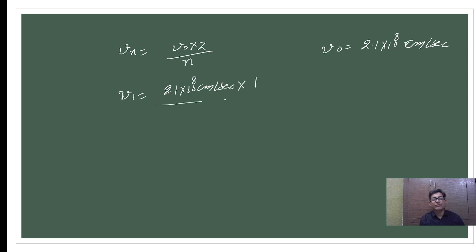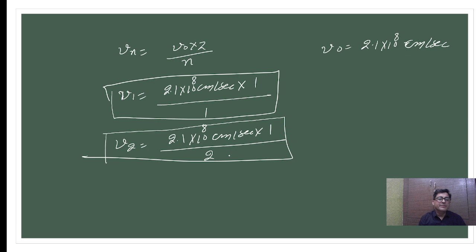Z is equal to 1 and the number of the shell is also equal to 1. For the electron in the second shell, the velocity is 2.1 into 10 raised to the power 8 centimeter per second into 1 divided by 2. So you have seen that we can find the velocity of an electron in different energy levels as proposed by Bohr.